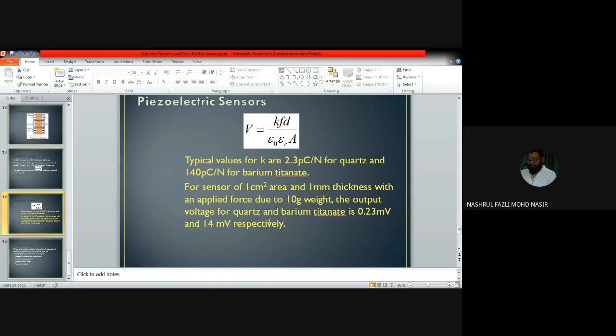So you can see the output is different. If you want more voltage, which is easier to detect, you can use barium titanate, but one thing: it's about cost again. Most probably barium titanate is more expensive compared to quartz.